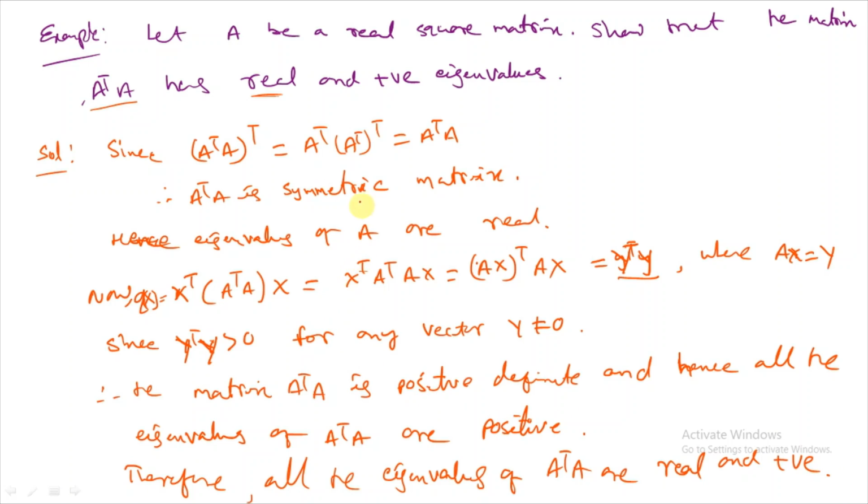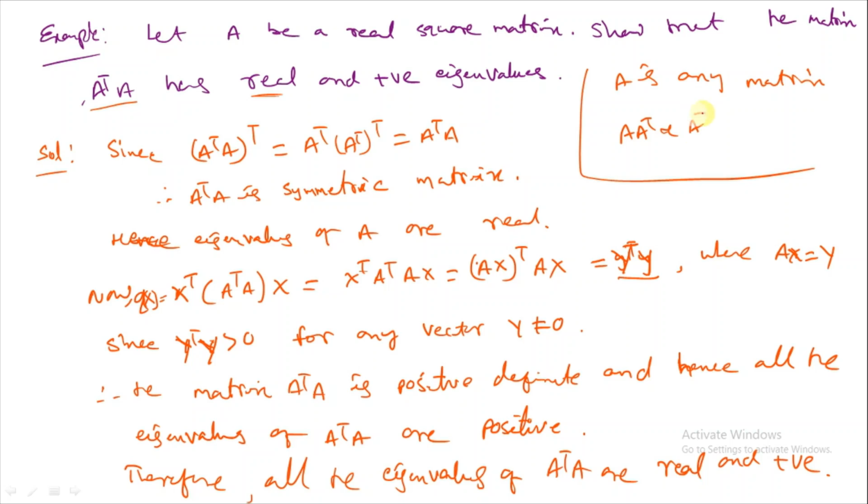Not only A transpose A, you can go for A A transpose, which also has real and positive eigenvalues. Or you can say that for any matrix A, A A transpose and A transpose A are always symmetric and positive definite.